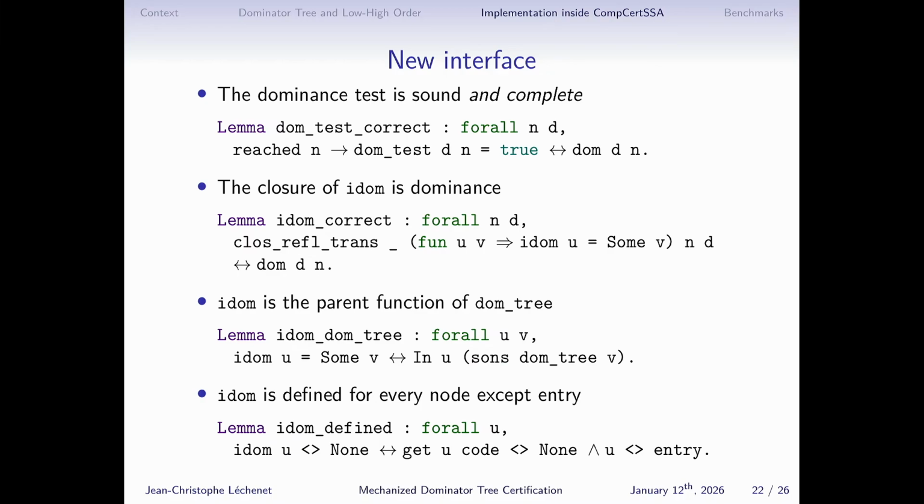And the third point makes the connection between the immediate dominator and the parent on the dominator tree, and it just says that the immediate dominator is the parent in the tree. And the last one is something more technical, which says that the immediate dominator is defined for any node in the CFG except the root of the tree.